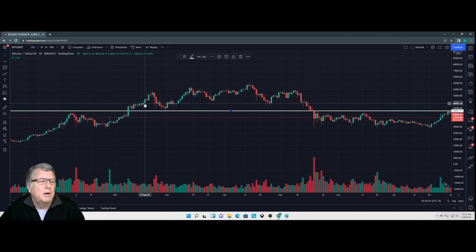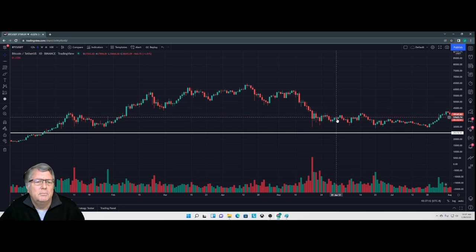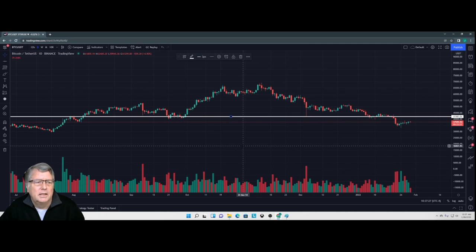You can see these bodies are about this size or so, and this wick is a little bit smaller. But in this case, this wick is, compared to the rest of the market action, huge. Yeah, we had a large one here, but this wick down here is really large compared to the rest of the market movement. And I haven't heard too many people talk about it, so that's why I'm talking about it.